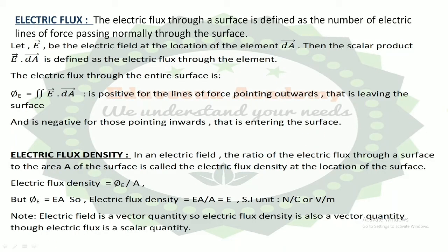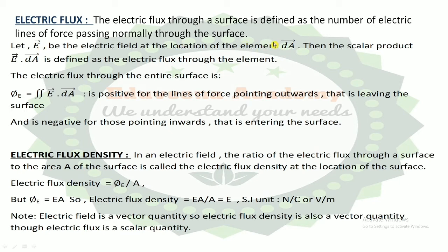So what is electric flux? The electric flux through a surface is defined as the number of electric lines of force passing normally through the surface. So let E vector be the electric field at the location of the element dA. So we have an area element dA, and the electric field at that element is E vector.